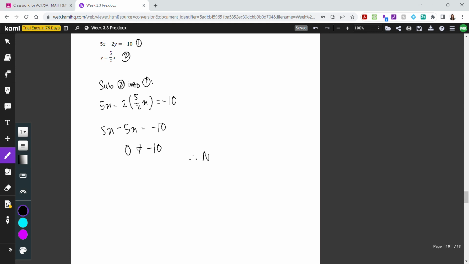Therefore, we would have no solution. All right. Oh, also I forgot to mention, another way to write no solution is to draw this. All right, if you have any questions about how graphing, elimination, and substitution work, and how to use them to solve systems of equations, bring it to your deep dive lesson.